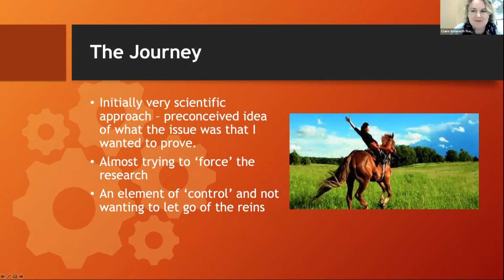And I was sort of almost trying to use the action research as a vehicle to prove what I thought the issue was, and I was trying to force the research a little bit. So I was wanting to be in control of it and not wanting to let go of the reins at all, really. So that was my first experience and initial experiences of action research.